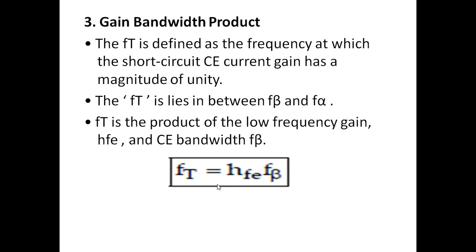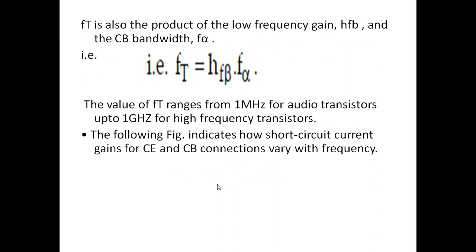F beta is the bandwidth of the common emitter amplifier. So Ft, the gain bandwidth product, is equal to HFE times F beta. Ft is also the product of the low frequency gain HFB and the CB bandwidth, so Ft is equal to HFB times F alpha.